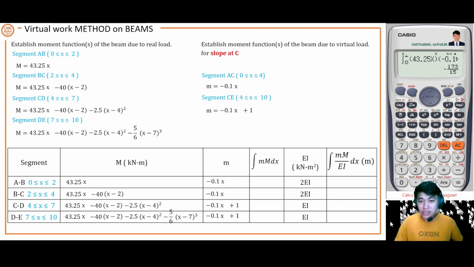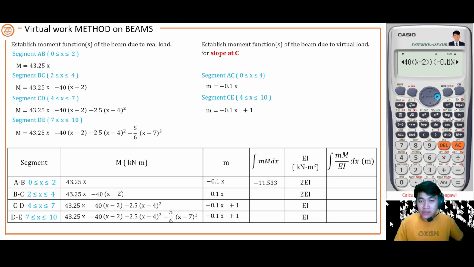The answer is negative 11.535333. Then for segment B to C, the moment function here will be the large M, so this will be negative 40 times x minus 2.